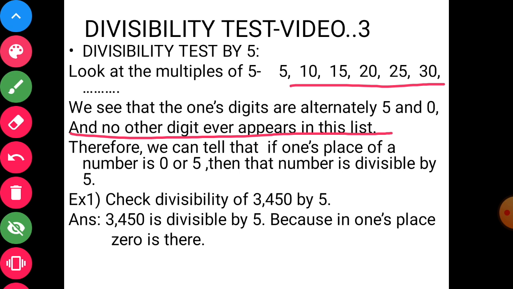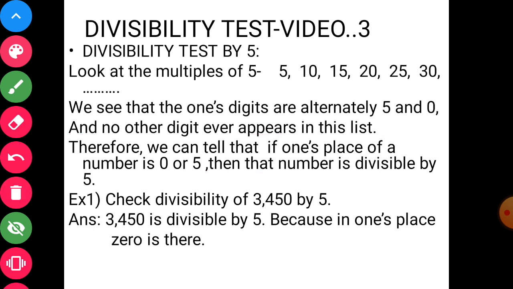Therefore we can tell that if in ones place of a number 0 or 5 is there, then that number is divisible by 5. Here no need to do long division method, just you have to see the ones place of the number and decide. If there is 0 or if there is 5, that number is divisible by 5.